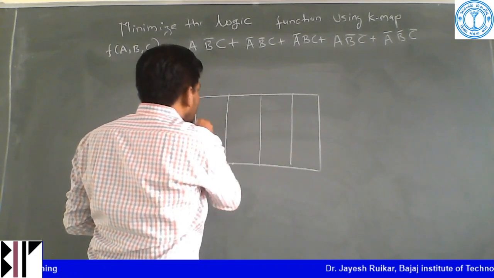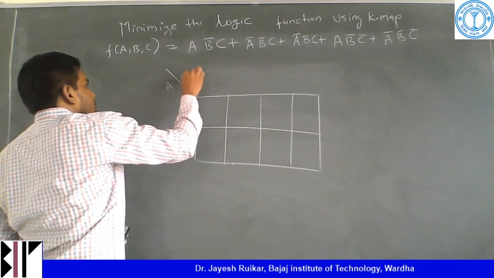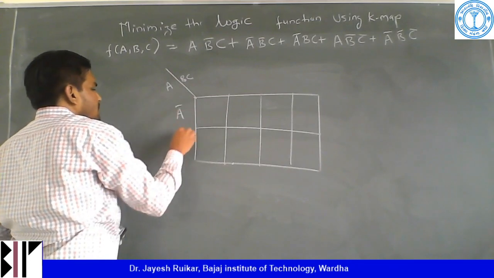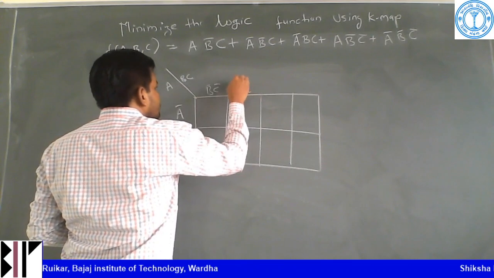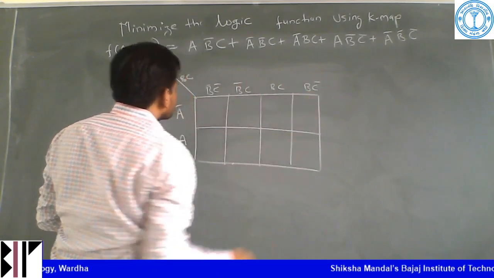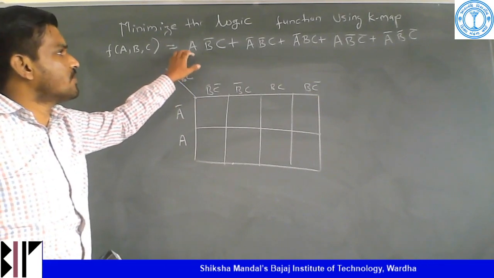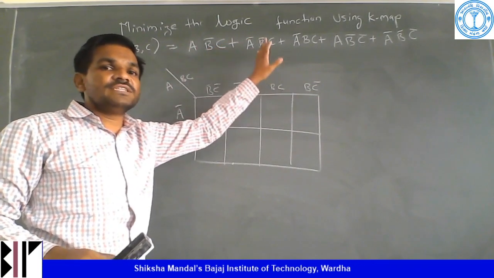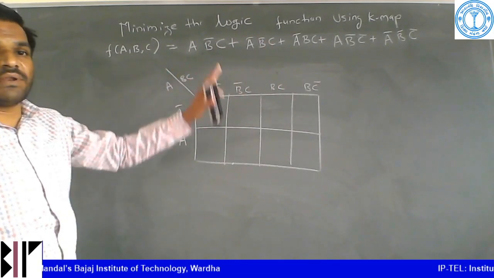So it has 8 cells. This is my A variable, and B C, with A bar, A, and then B bar C bar, B bar C, B C, and B C bar. Now this is in sum of product form, so for each min term I have to write 1 in the appropriate cell.